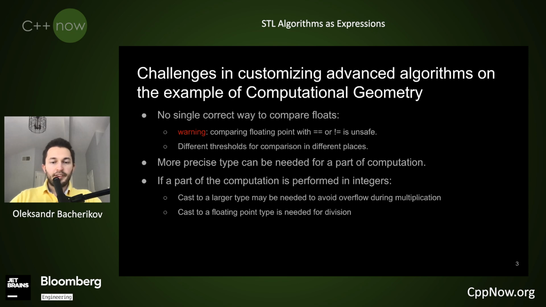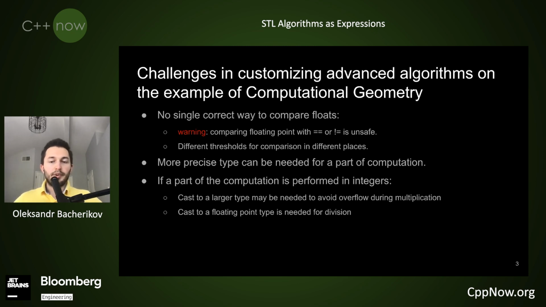Sometimes you may need more precise types for a part of computation. So say switch from float to double. And in some cases, it's possible to do part of the computation purely in integers to avoid all the precision issues. And this is often the case in competitive programming.